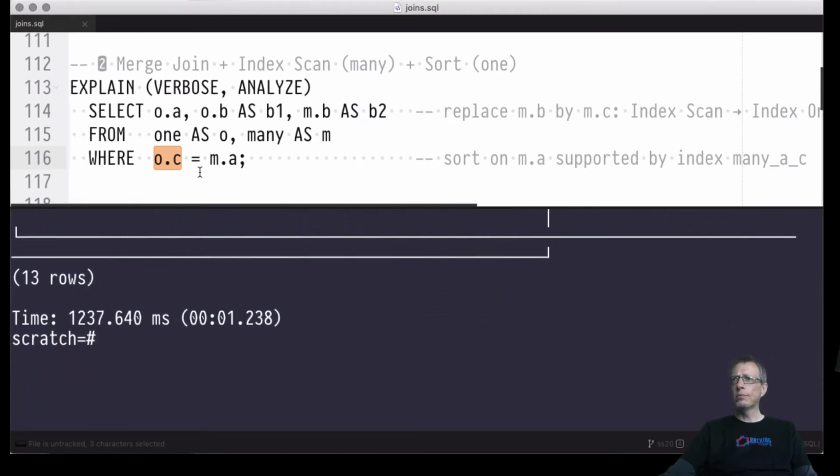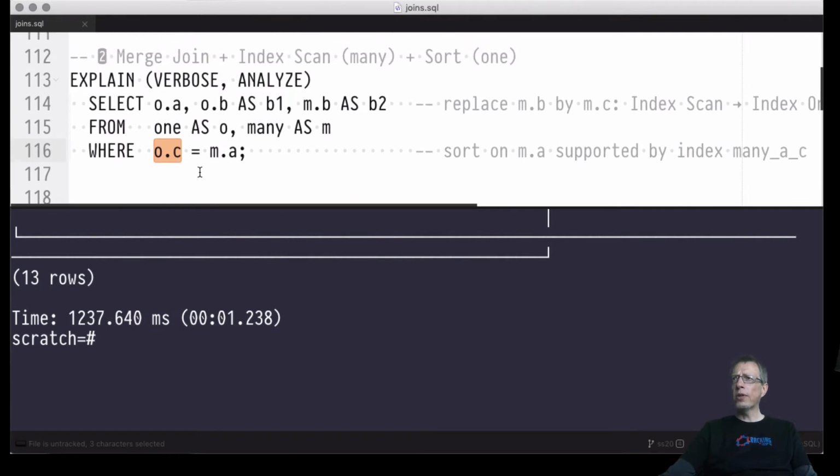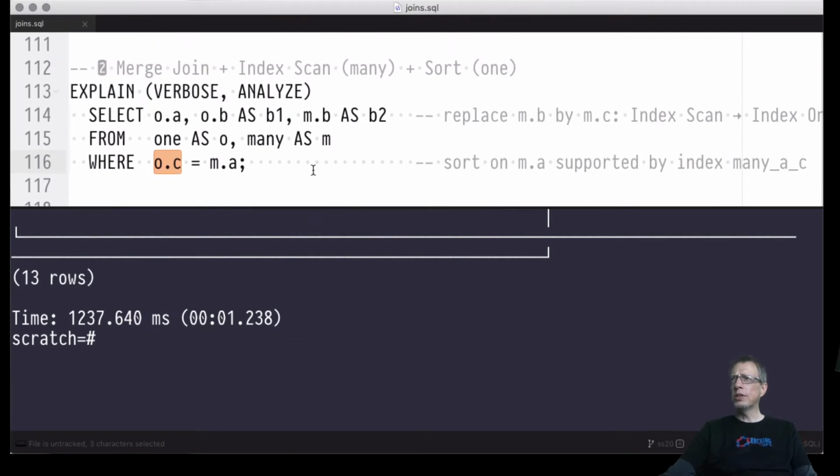One thing that you should note here is the result generation. In the result here, we build a 3-column result, and we build on the B column of the many table. Unfortunately, the B column of the many table is not present in the AC index on the many side.